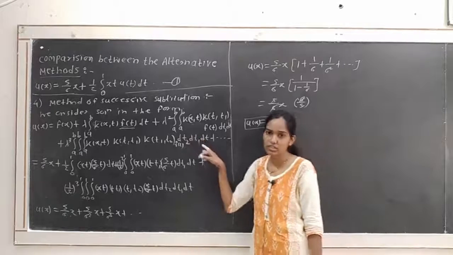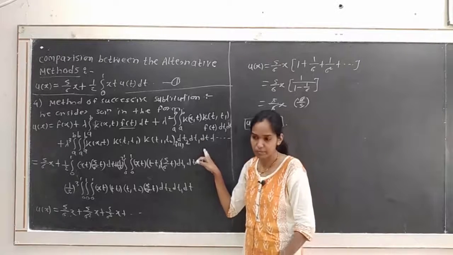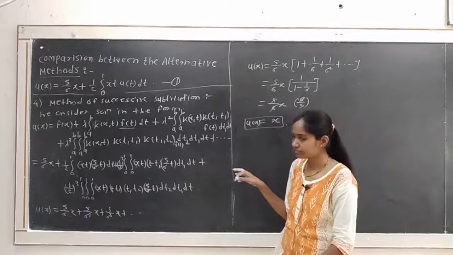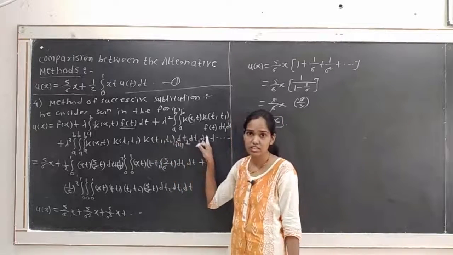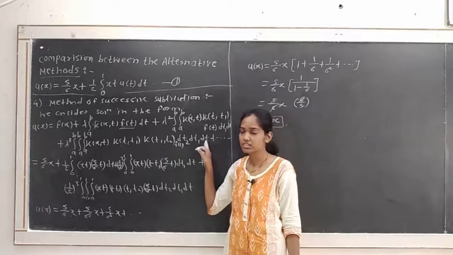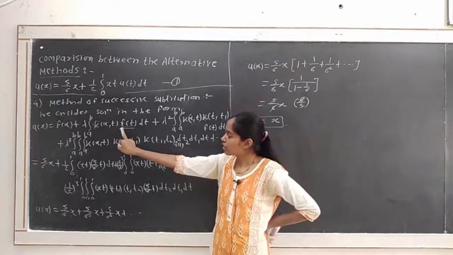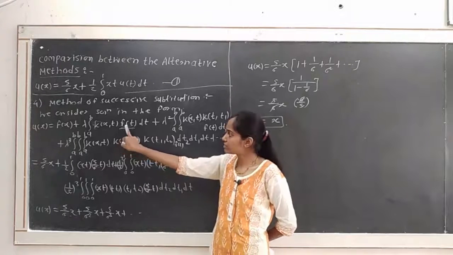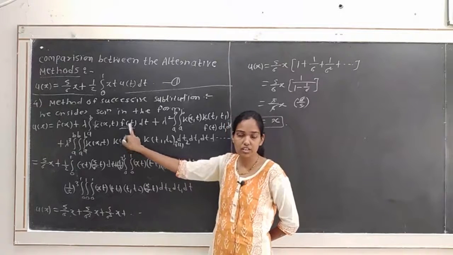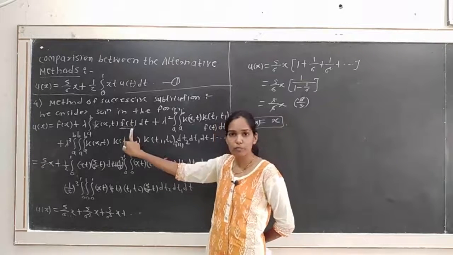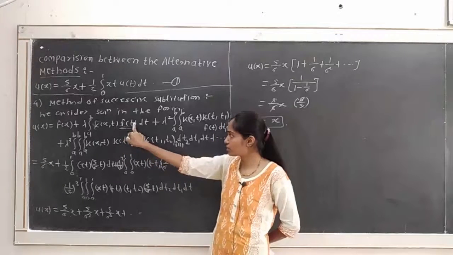Here if we observe the successive substitution method as compared to all the other methods, we have to consider the solution in this infinite series form. That means the kernel k of x t will be as it is in the first term, then the unknown function under the integral sign is replaced by f of x, that is in terms of t, f of t.